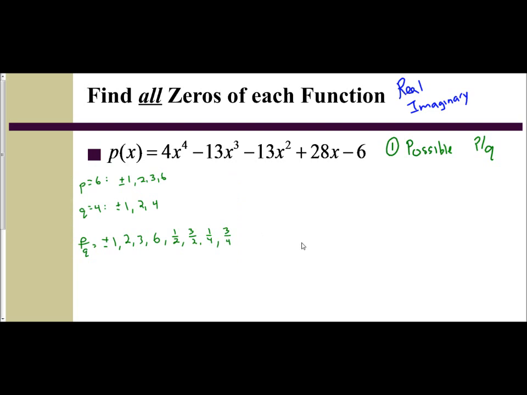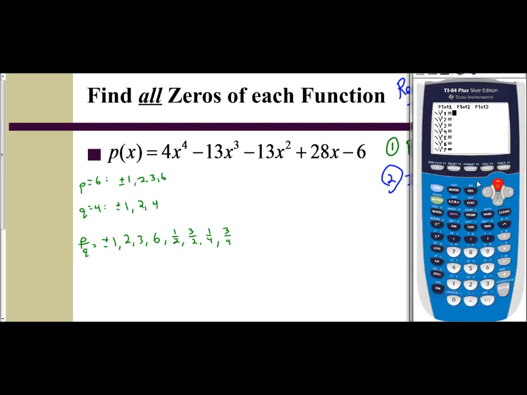Now what we're going to do is the same thing as we did before. We are going to input this list into our calculator. So we get our graphing calculator out, and we're going to input our polynomial into our y equals.